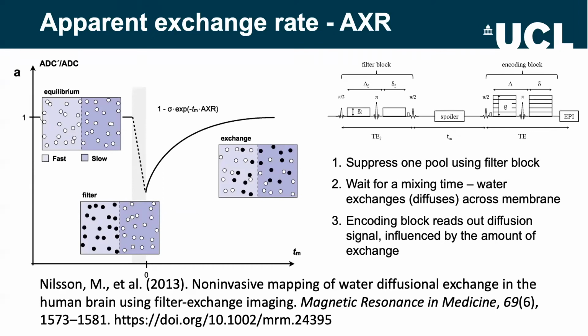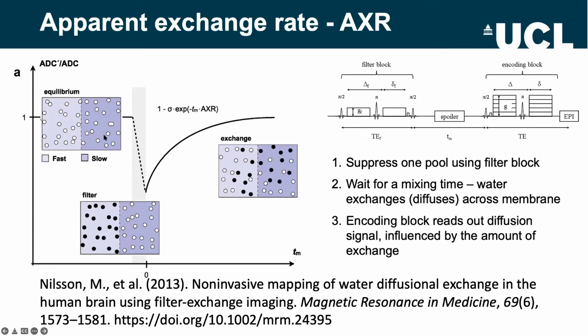So this was originally introduced by Marcus Nielsen's group almost a decade ago now. And this diagram gives a schematic representation of what I was just describing. So this diagram has time along the horizontal axis and effectively signal, or in fact, the ratio of something called ADC primed over ADC, but think of it as signal for the time being. Before applying the filter block, you have your water in your two compartments.